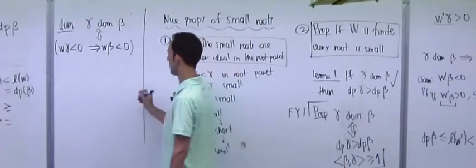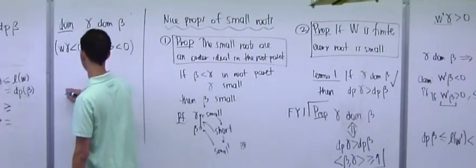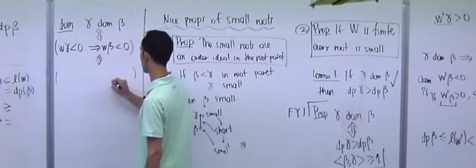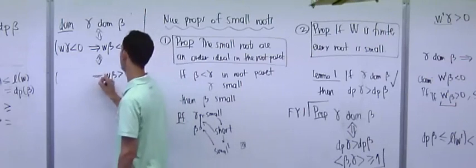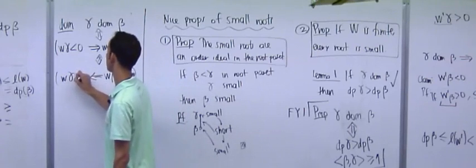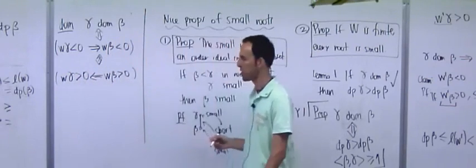What does this mean? This means that if W beta is greater than 0, then W gamma is greater than 0, right? It's the contrapositive.